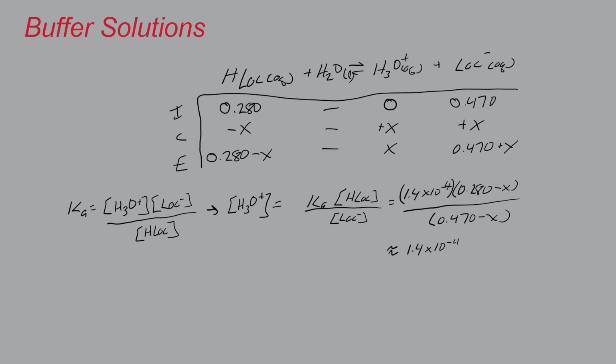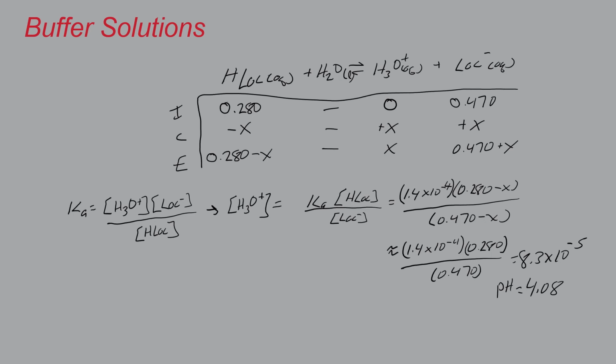And we can say that it's close enough to 1.4 times 10 to the negative 4 times 0.28 divided by 0.47, and that ends up giving us about 8.3 times 10 to the negative 5, giving us a pH of 4.08.